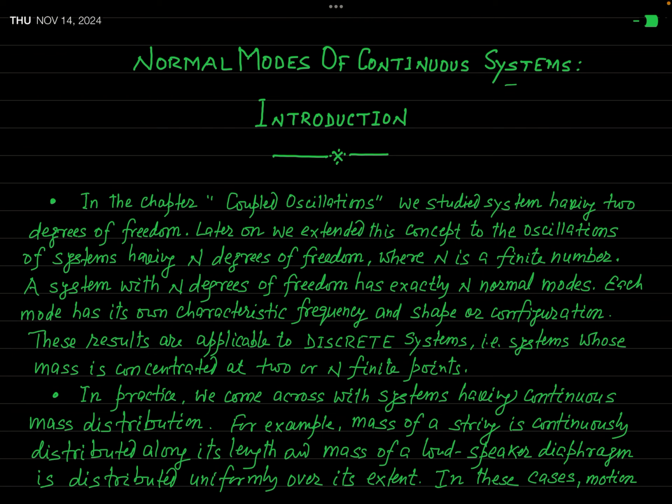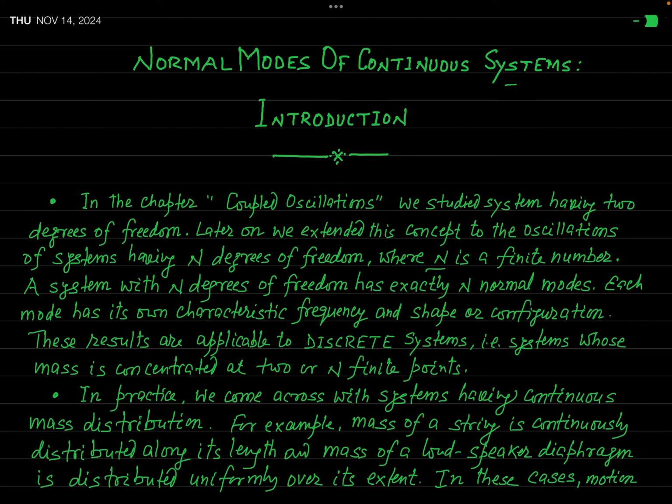In that chapter, after first talking about the system having 2 degrees of freedom, later you have seen that in the same chapter we have studied the oscillations of systems having n degrees of freedom, where n is a finite number. Okay?